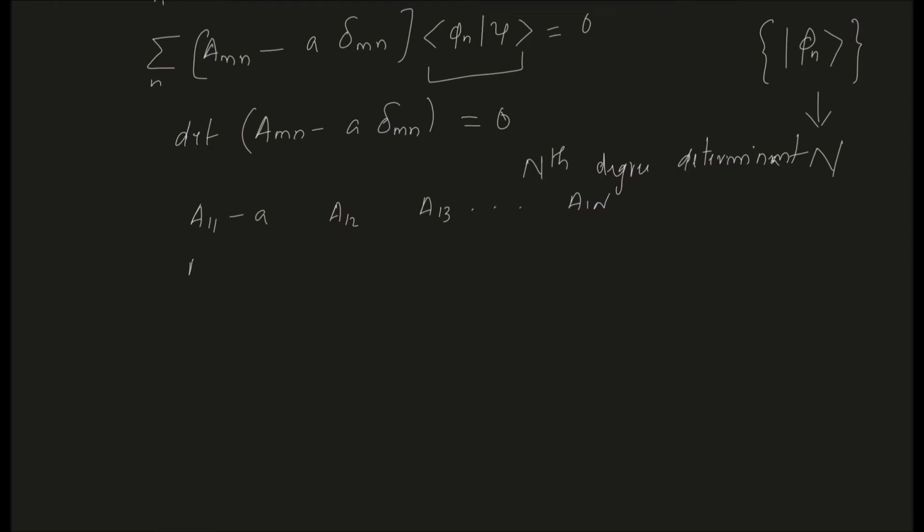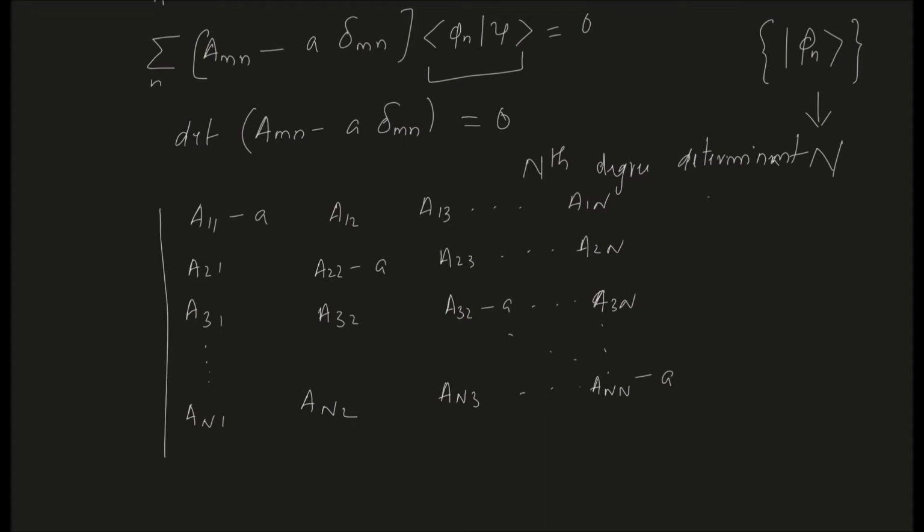There will be n rows: a21, a22 minus a, a23, etc., a2n; a31, a32, a33 minus a, etc., a3n; then it will have an1, an2, an3, etc., up to ann minus a. The determinant must be 0. Okay.